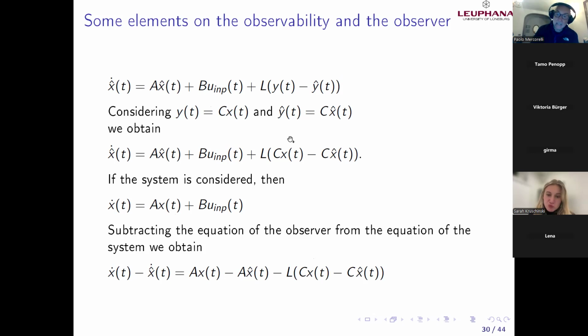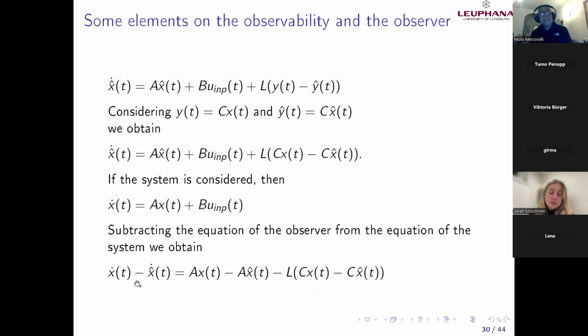In particular, minus this, because I already substituted y equals C multiplied by x and y hat equals C multiplied by x hat. Look here, if you put A in evidence, we have A times the parenthesis x of t minus x hat of t. Clear, no? I can put in evidence also this C. I have L multiplied by C, which multiplies x minus x hat.